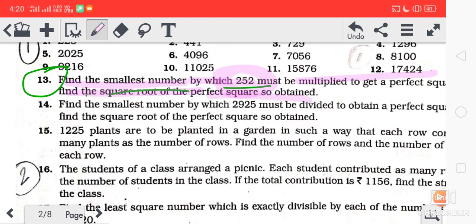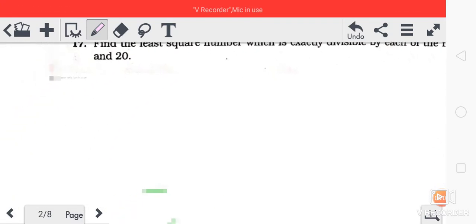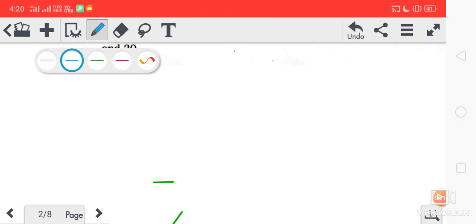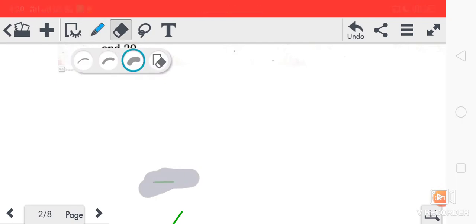So obtain. The number 252 is given. So what do we have to do?